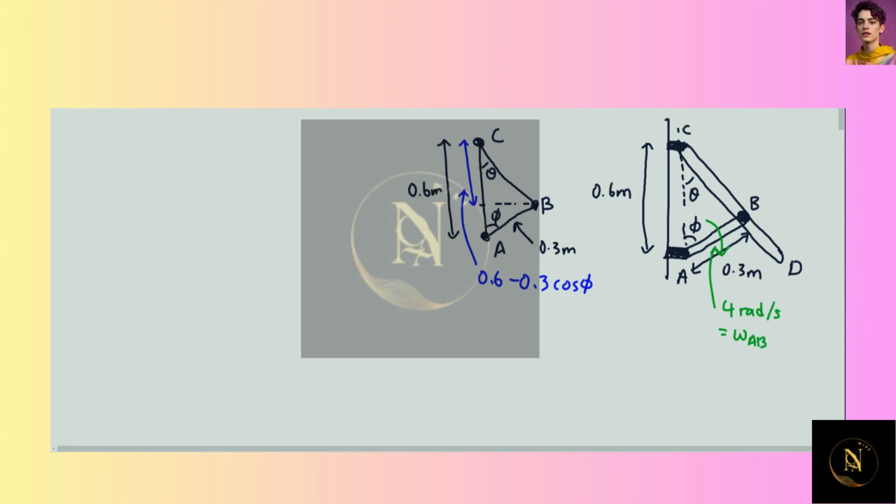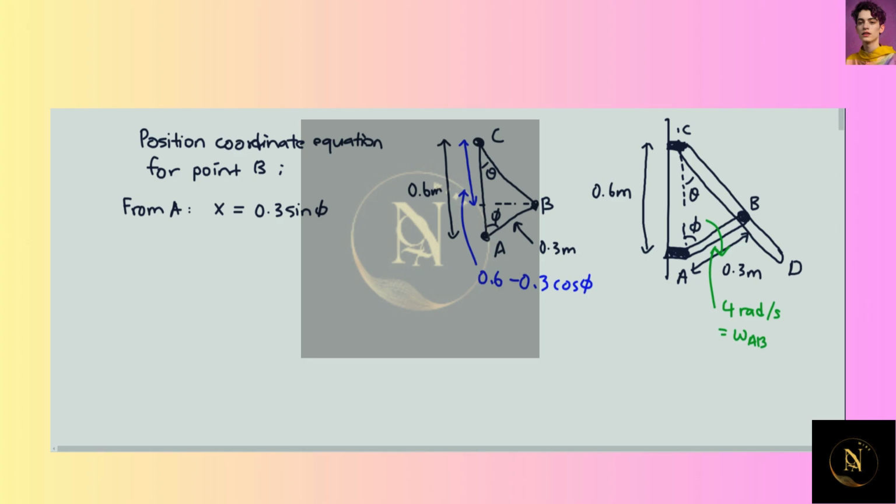Okay, so to start, we'll be writing down the position coordinate equation for point B. From point A, x is equal to 0.3 sine phi.